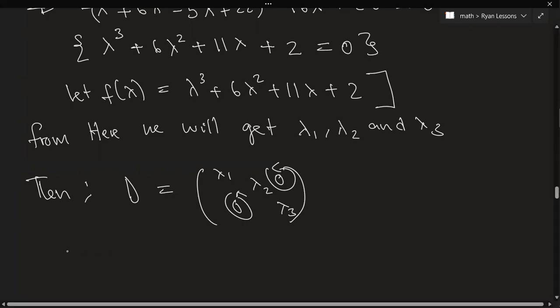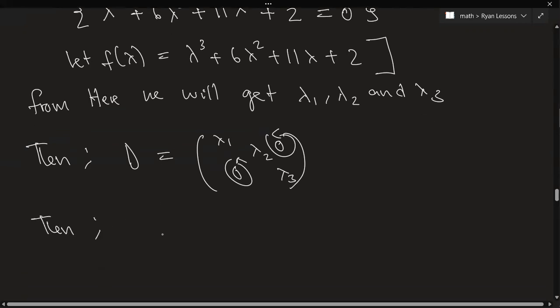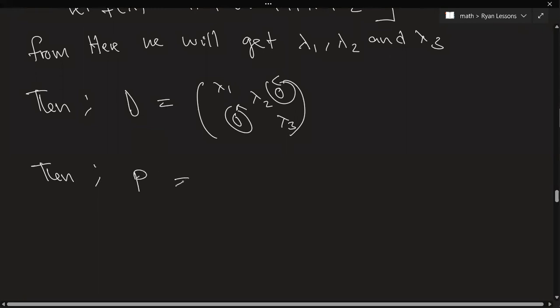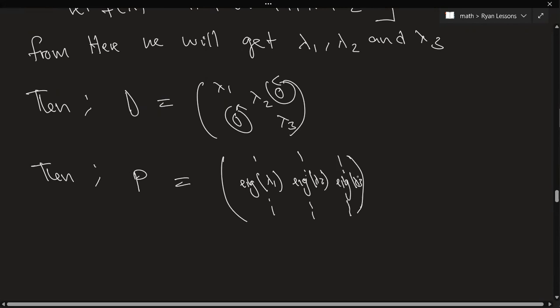Then, if you want to find the corresponding P, then P is simple. The matrix P that we saw that we need most of the time for the diagonalization process is simply given by this. Each column of P is the eigenvector of lambda 1, the eigenvector of lambda 2, and the eigenvector of lambda 3. Sorry, it's supposed to be eigenvectors, not eigenvalues.